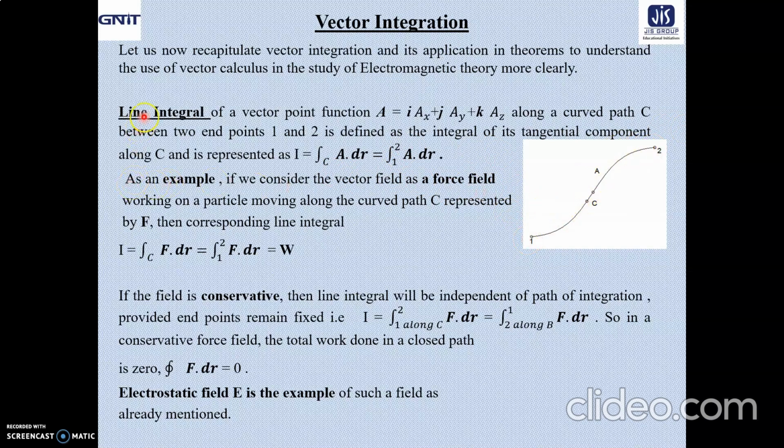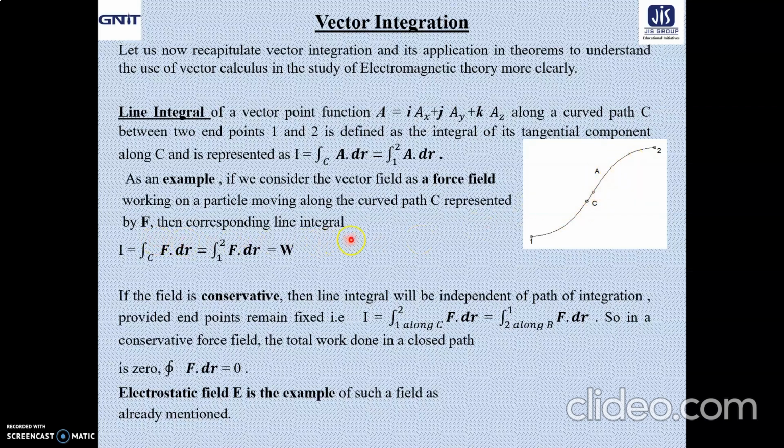Now, as an example of this line integration, if we consider the vector field as a force field, here I have written it as A. In place of A, you can write a force field, because force is an example of a vector field. So consider the force field acting on a particle moving along this curved path.